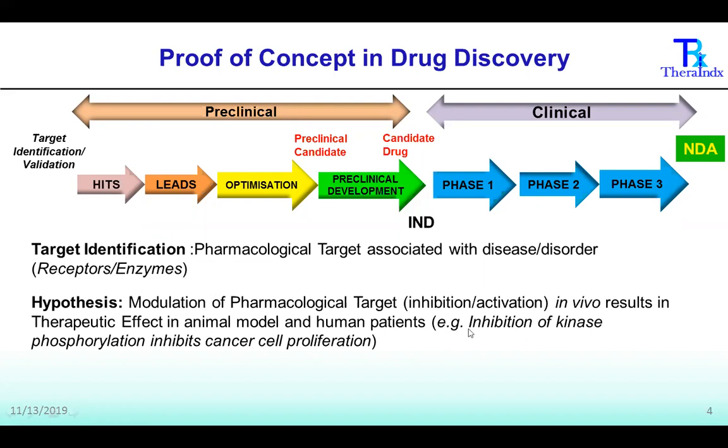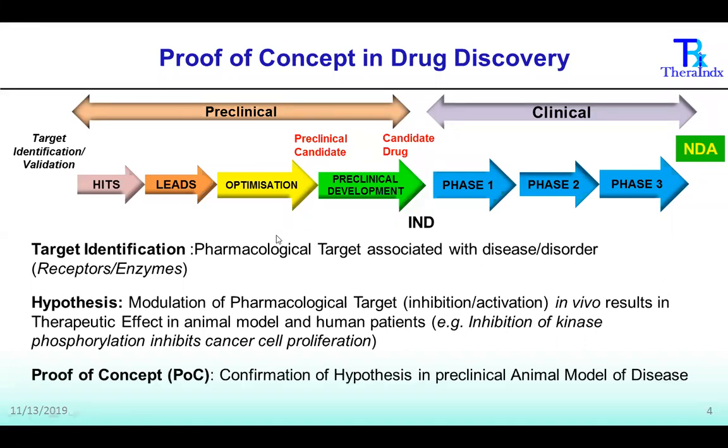For example, inhibition of a kinase which has gone aberrant inhibits cancer cell proliferation. The proof of concept is nothing but the confirmation of this hypothesis in a preclinical animal model of disease.